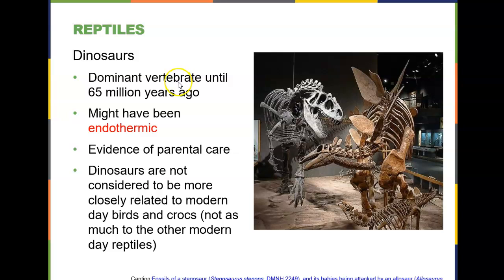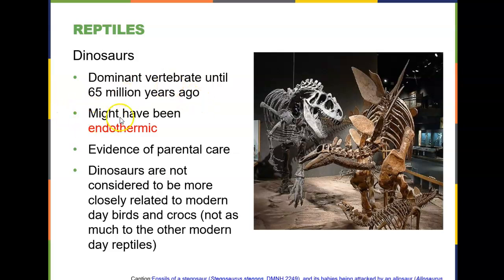If we look at that extinct branch of the reptilian tree, we see that dinosaurs were the dominant vertebrate up until about 65 million years ago, when we had our last major mass extinction, and the dinosaurs were particularly vulnerable to that event of an asteroid hitting the Earth, changing the climate, and impacting the ecosystem.